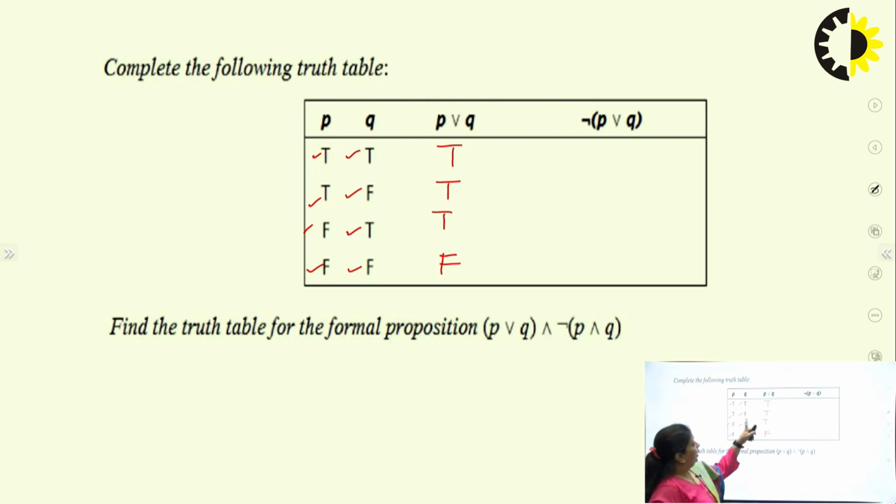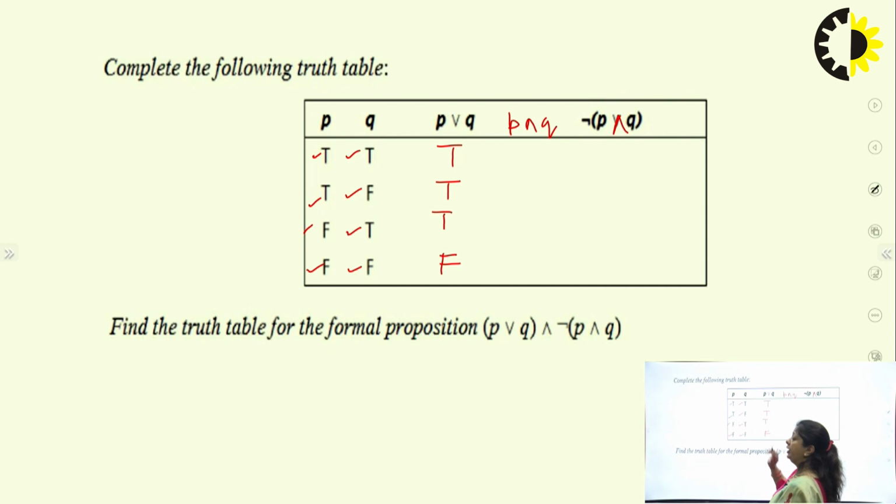Okay, now if I take the not of this, first I'll actually need to find out P and Q. P and Q will be true only when both are true, otherwise I'll have a false. So I'll get a true only here and the rest will all be false. Okay, now negating this P and Q, what will I get?